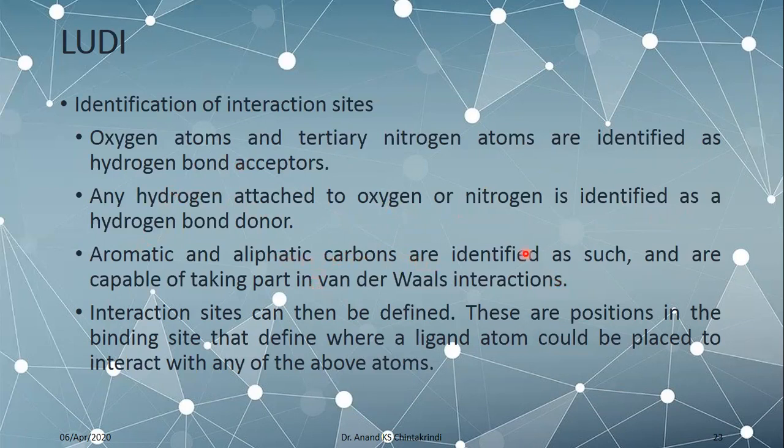So these are identified suitably. Now, these interaction sites can then be defined based on the atom definitions. These are the positions in the binding site that define where a ligand atom could be placed so as to interact with the above atoms.